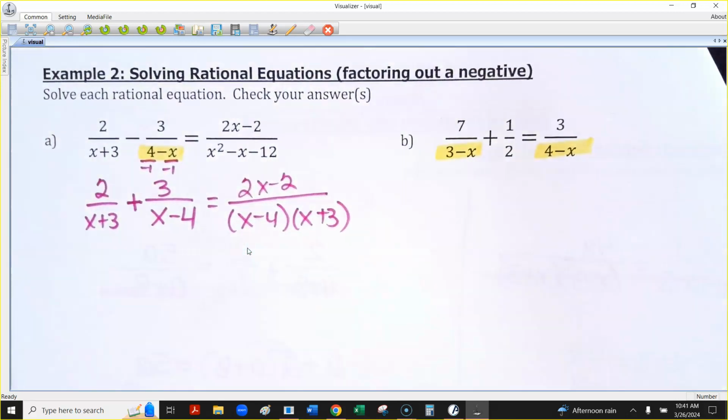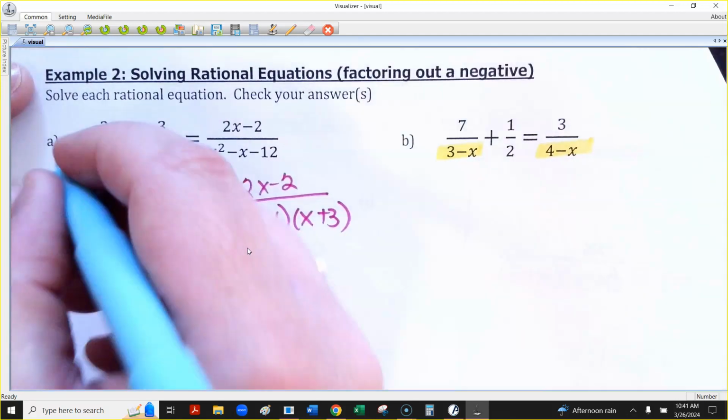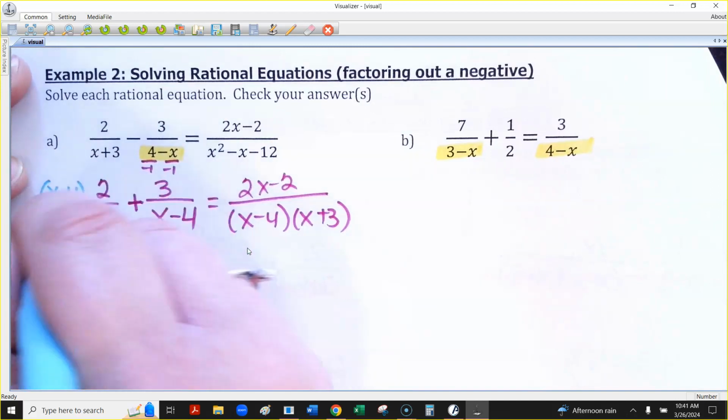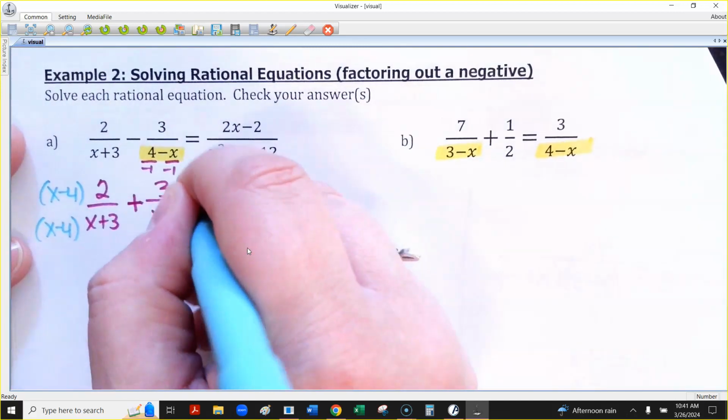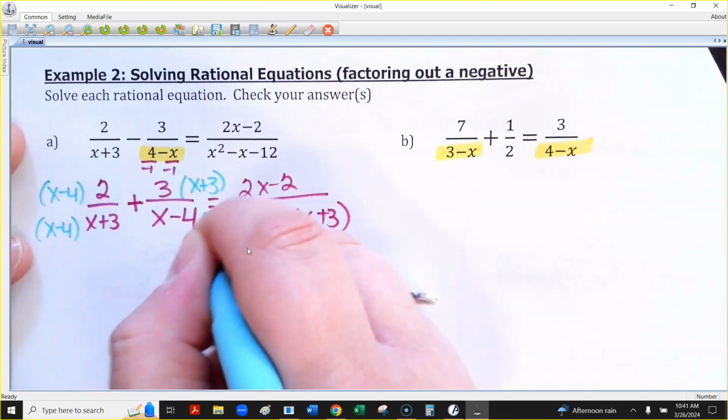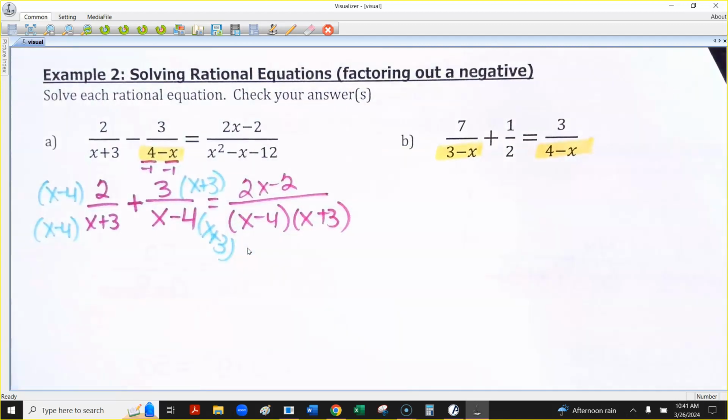And then it turns very similar into a couple of the questions we were just doing. So this guy then would need the x minus 4. And after I manipulated that, this would need the x plus 3. And then it's super similar to the problems that we were doing on the front. Does that make sense? I'm not trying to confuse anybody.